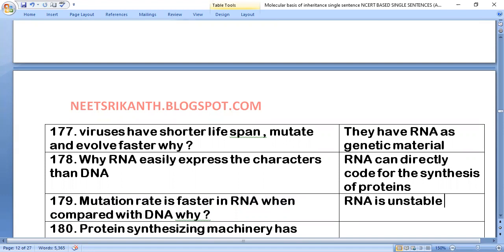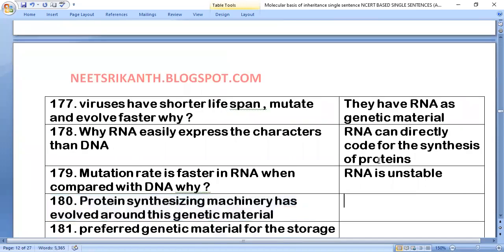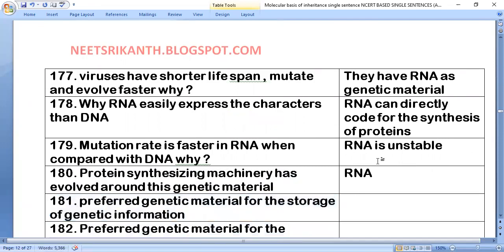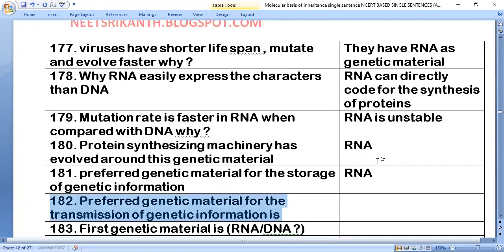The protein synthesizing machinery has evolved around this genetic material, RNA. The preferred genetic material for the storage of genetic information is DNA. The preferred genetic material for the transmission of genetic information is RNA.